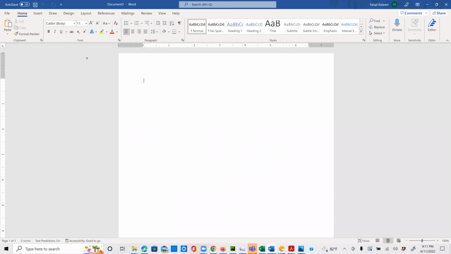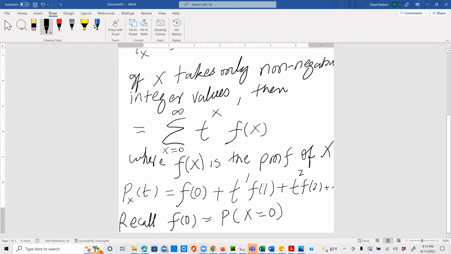So we have to find the PGF of Y, which is denoted by P subscript Y of t. And again, by definition, if we look at the expansion that we came up with, let me show you that again. So this was the expansion for P_X(t).